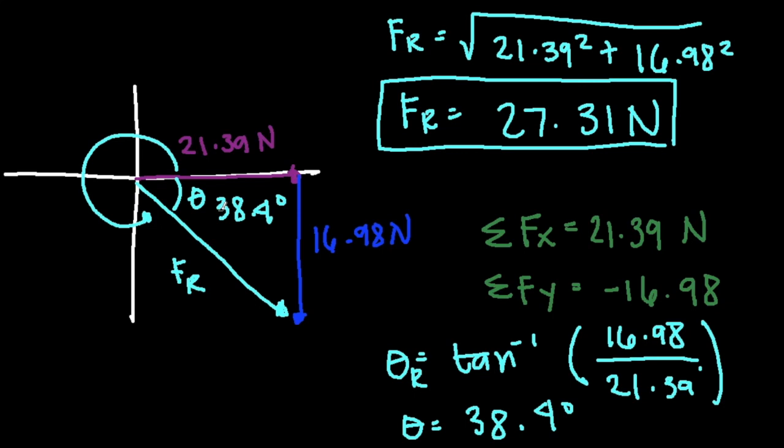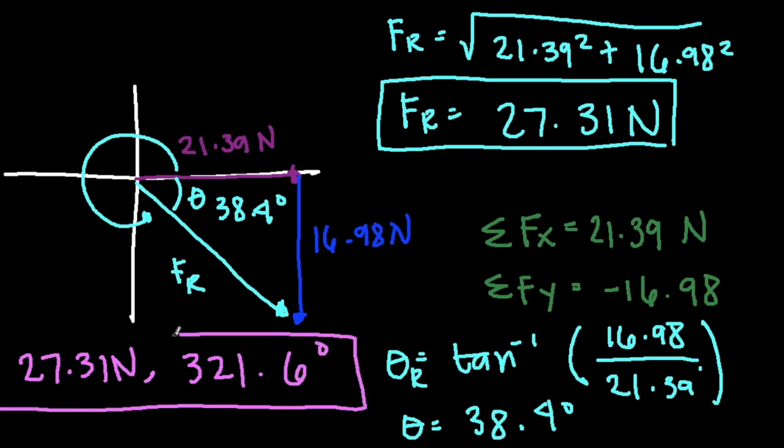So 360 minus 38.4, we have 321.6. So our final answer should be reported as, let me pick another color, 27.31 newtons with an angle of 321.6 degrees.